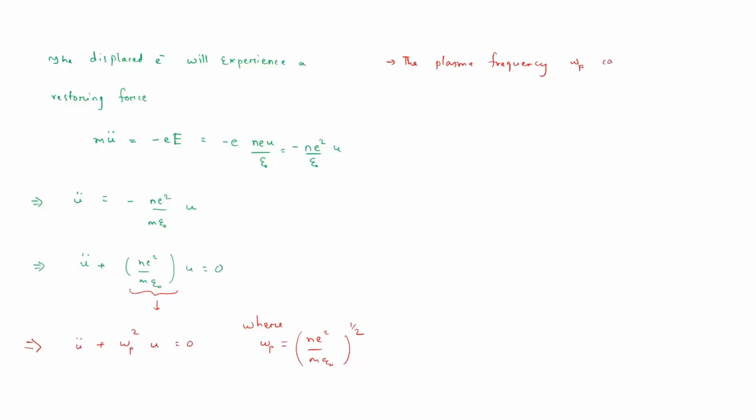omega p can thus be recognized as a natural frequency of free electron oscillation of the electrons here.